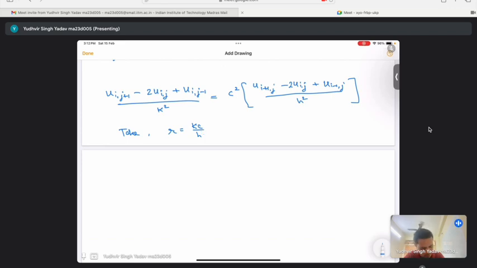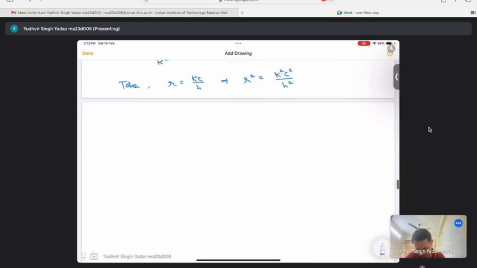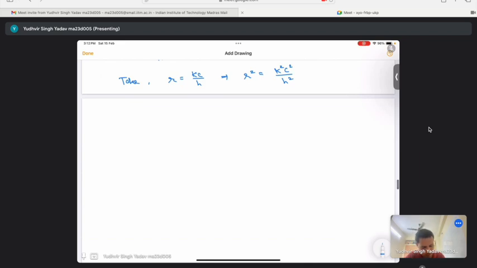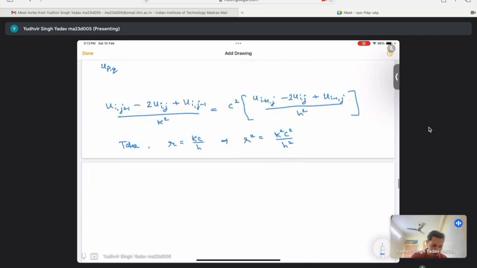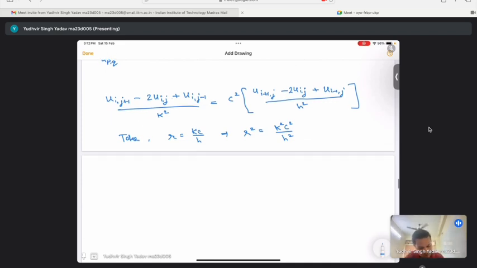So here we will take r equals to kc by h, which will imply r square will be equal to k square c square divided by h square. So this is the required finite difference scheme using the second order central difference formula, and we will simplify it further.